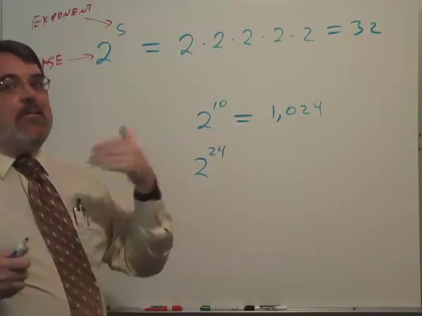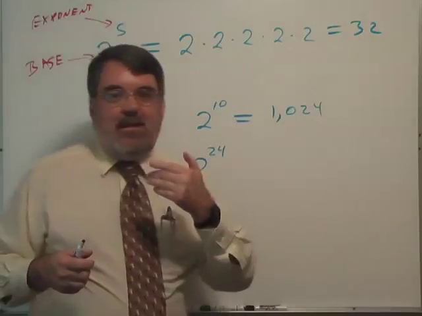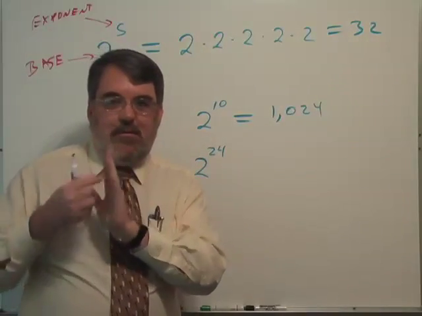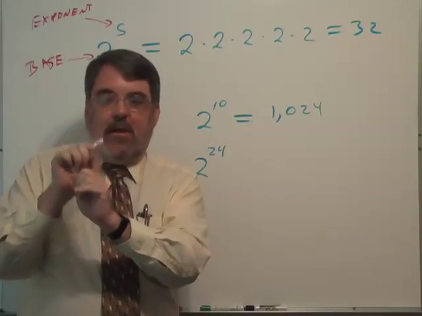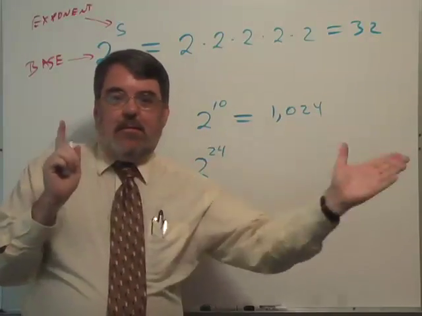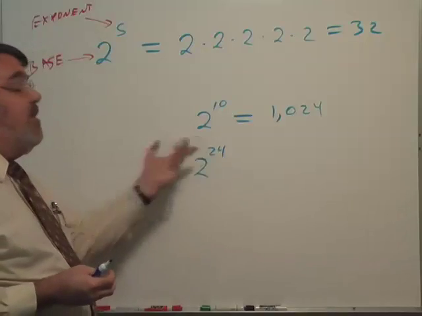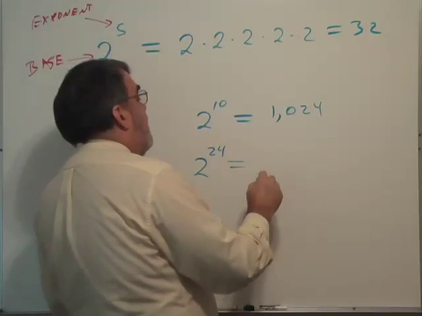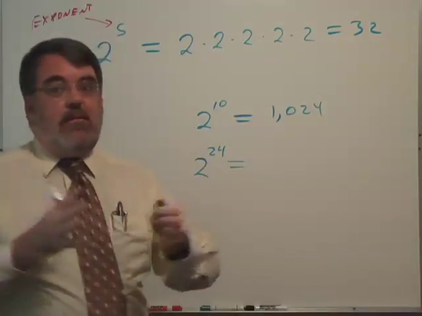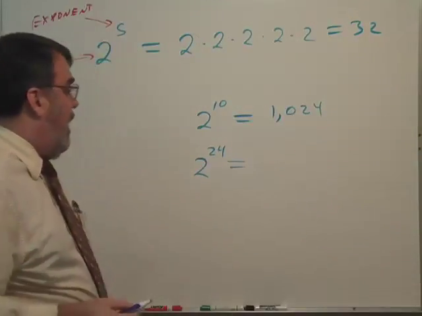And the total number of colors, since they can be on or off, there's two positions for each memory location. It turns out the total number of colors possible on a computer is 2 to the 24th. That's 24-bit color. And it's an enormous number to write out, 24 2's in a row. No one wants to do that.